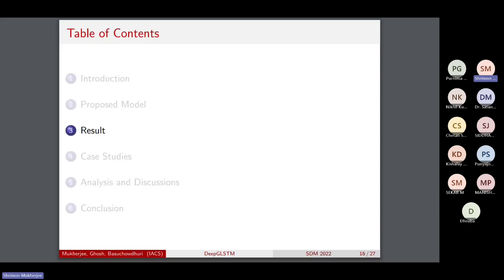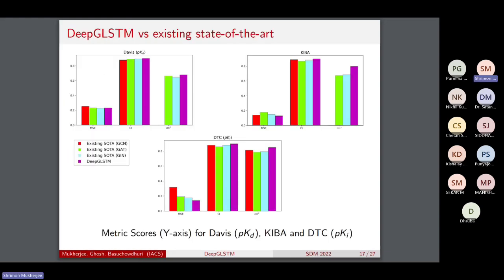So now these are the results. There are some existing datasets called Davis, KIBA, DTC, and in the next slide there are three other datasets. So now what is KD? In the biology literature, the affinity values are typically denoted as kinase dissociation constant, kinase inhibition constant, half maximal IC50, AC50 kind of things.